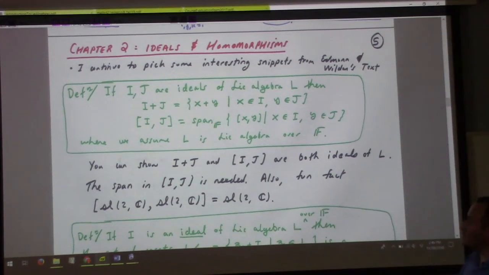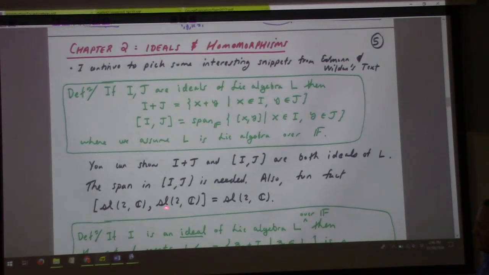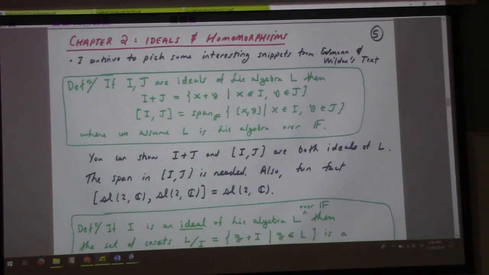But anyway, I don't have an example for that. An example for that, of course, is given in Erdmann and Wildon, if you're interested. One of the interesting things is that if we have the ideal sl_2(C), which is the special Lie algebra of 2 by 2 complex matrices, so traceless 2 by 2 matrices over the complex numbers, then you can actually prove that the bracket of two of those things is again the same form. So that's an interesting result.